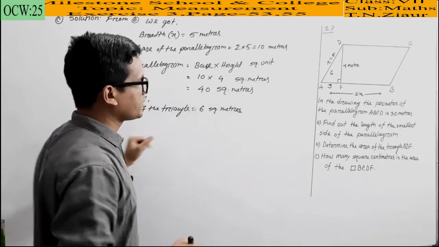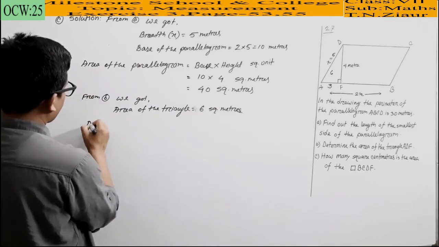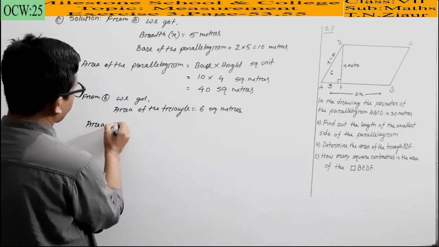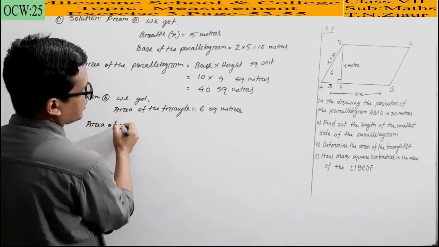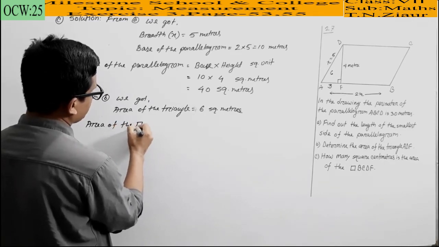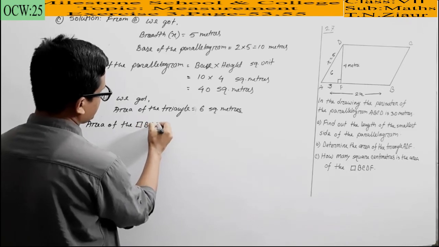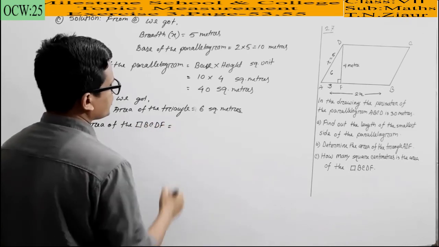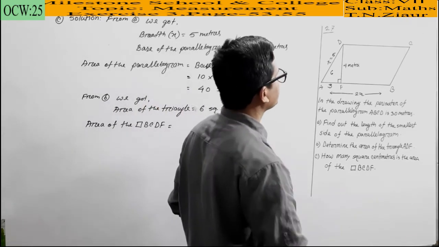the area of the quadrilateral BCDF. So BCDF, that means only this part.